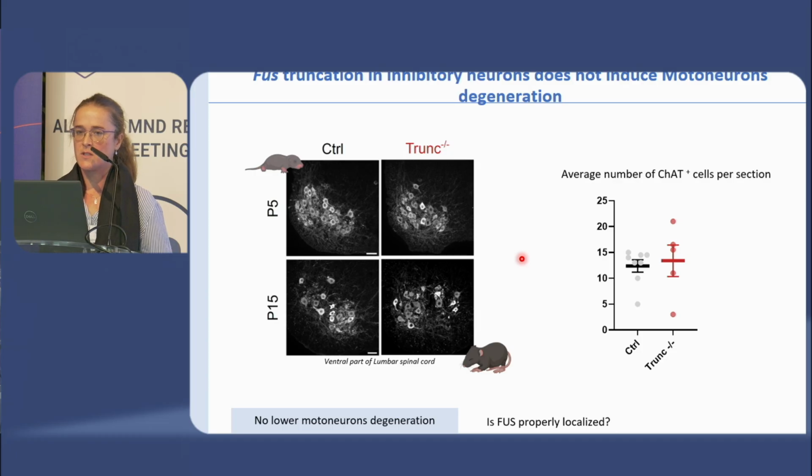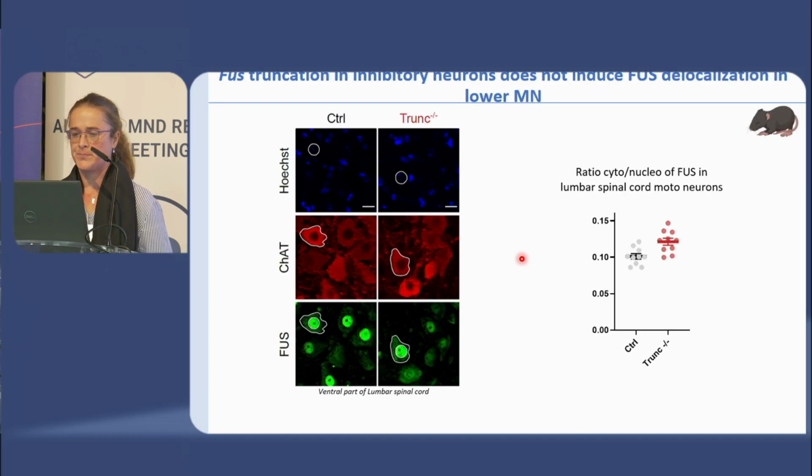So next question is FUS properly localized. So to do that, we decided to assess the ratio between the signal obtained in the cytoplasm and the signal obtained in the nucleus after making a staining of FUS protein. And as you can see there, this ratio is more or less the same, so indicating that FUS is found mainly in the nucleus, in control mice and in truncated mice.